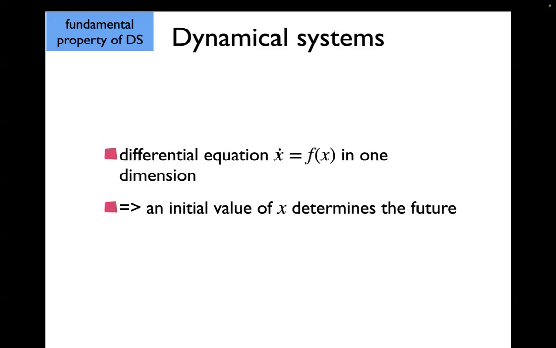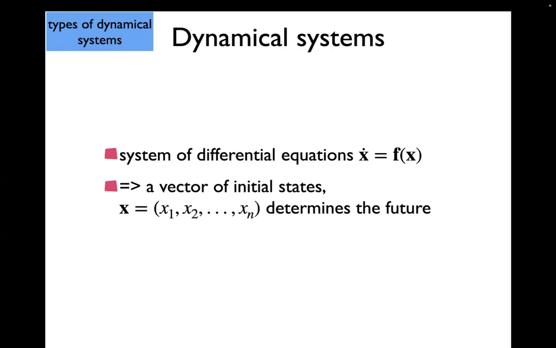So what I just hinted, again summarized, is the special case where the dynamical system is a differential equation in one dimension, then the initial value of that one-dimensional variable determines the future. Now, I want to next just show you that there are a couple of other mathematical framings of dynamical systems. And one of those we will actually use in the course.